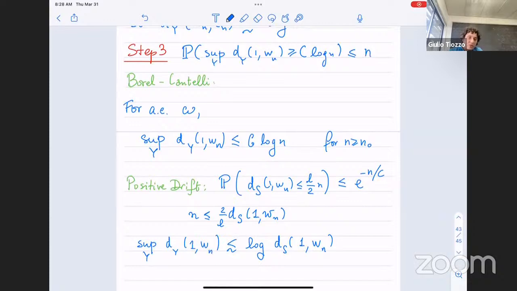And in fact, we can choose this constant here so that this power is -2. And then the sum converges, and then we can just apply Borel-Cantelli. And so it says that almost surely you're going to see the opposite.